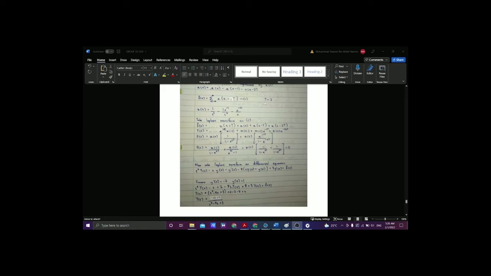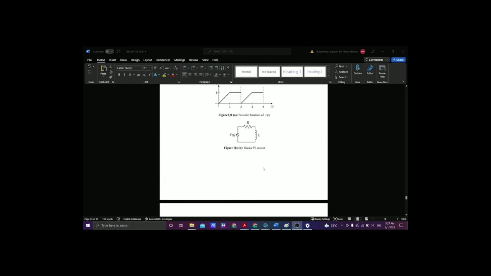Take the expression, and for t equals 2, get X(s), and take the Laplace transform to get the answer. After that, we take the Laplace transform of the differential equation to solve and get Y(s).